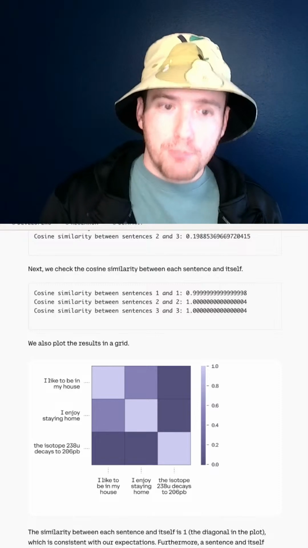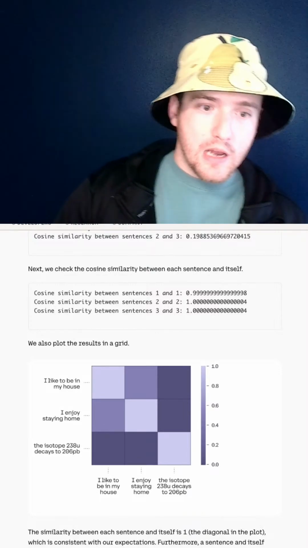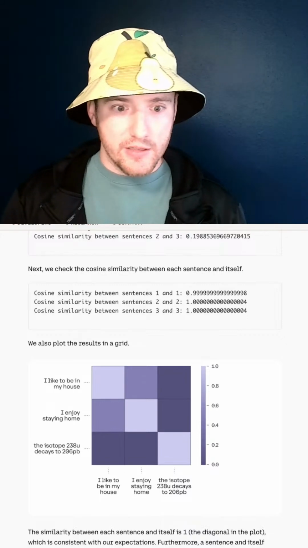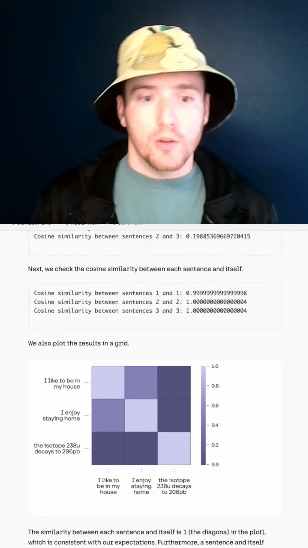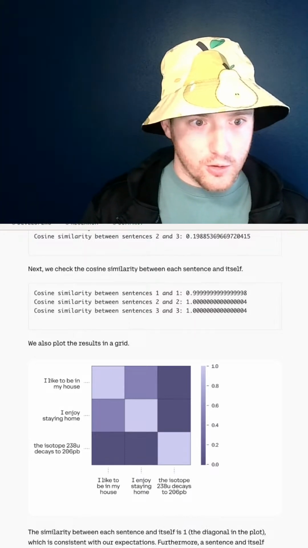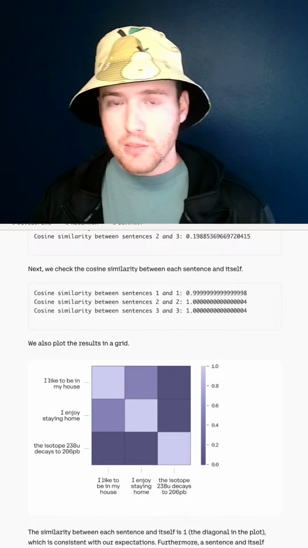And we can see this plotted on a graph. We can see that the cosine similarity or the dot product similarity are giving us these similarity ratings, these percentages of how closely these three sentences are related to one another. Okay, the lighter the color is, the more similar they are to one another.